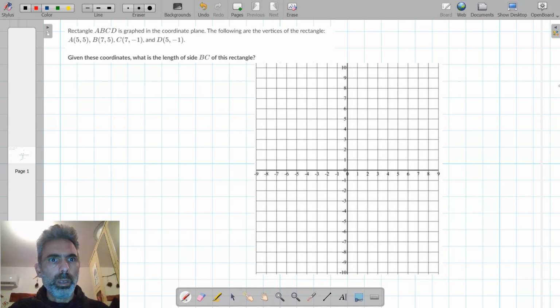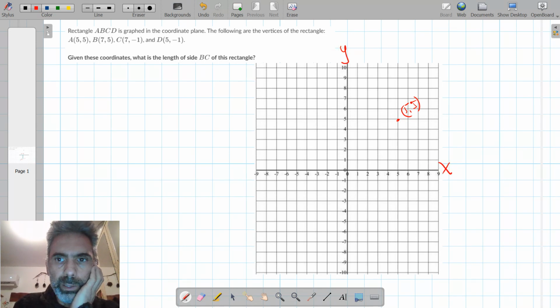Point A is 5 and 5, so this is point A. X is 5 and Y is 5. This is the x-axis, this is the y-axis.